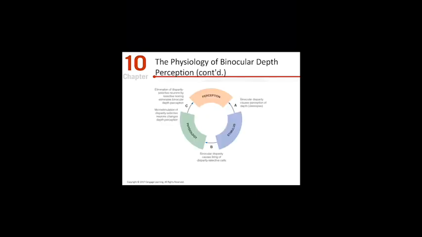So looking at this figure again, we talked a little bit about how we're able to create binocular disparity, and how that allows us to perceive depth, and we talked about stereopsis. We talked about the fact that binocular disparity does cause the firing of disparity selective neurons, and that we can test this.